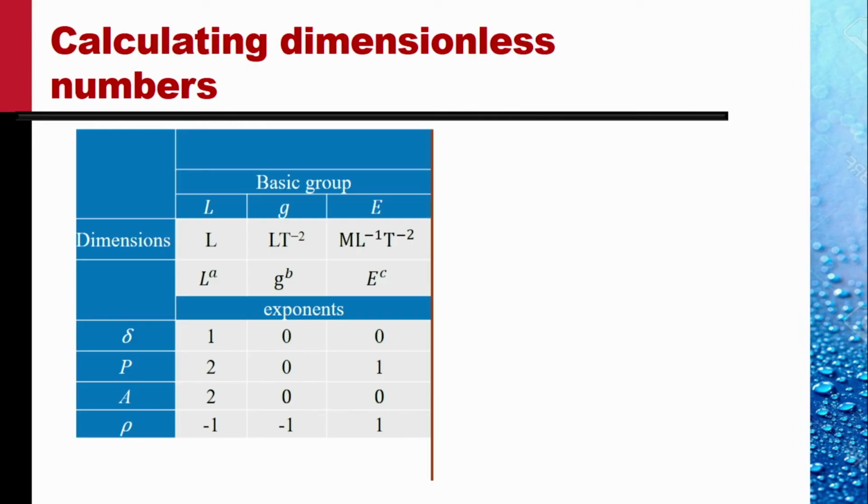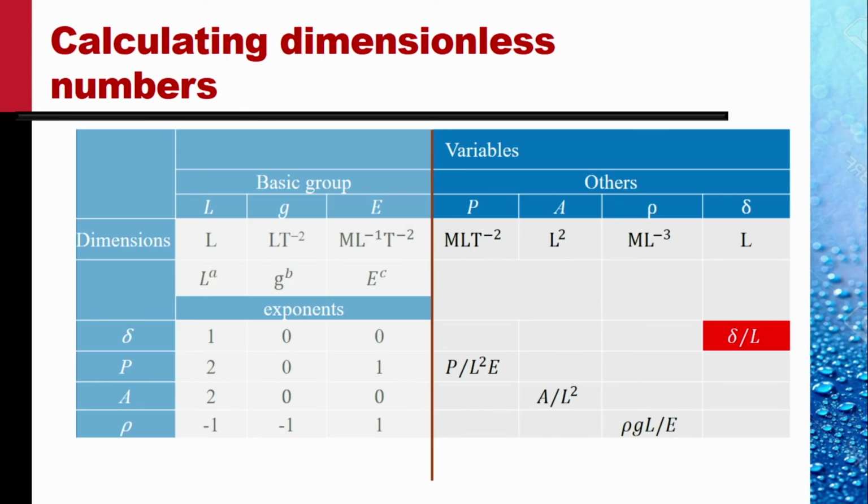So that if this is what we had calculated earlier, then clearly against delta, we can write delta divided by L would be dimensionless, because delta has a dimension of L. So delta by L would be dimensionless.